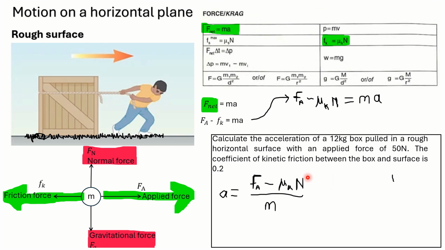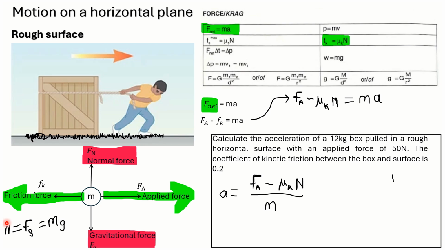However, we have the relationship between the normal force and the frictional force. What is the relationship? It is given here to say the frictional force is equal to mu multiplied by the normal force. However, we know that the normal force is equal to Fg, and Fg is equal to mg, or mass multiplied by gravitational acceleration. Why is the normal force equal to Fg?